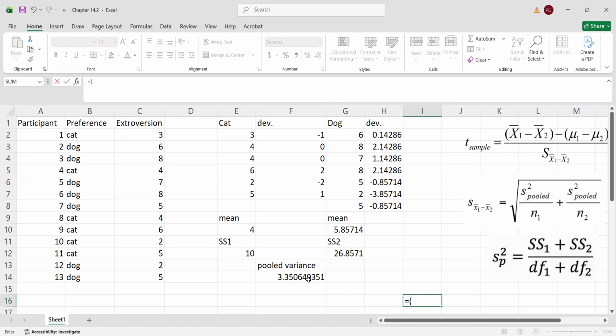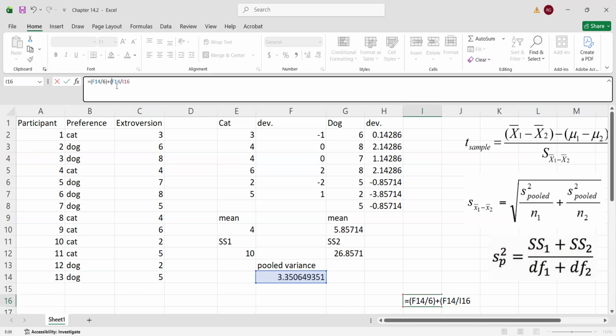We got the pooled variance. Now it's divided by n of group 1, the sample size of group 1, which we know is 1, 2, 3, 4, 5, 6 people. Close those parentheses off. I'm going to add to that, again, the pooled variance, but this time divided by, and let's throw in some more parentheses. That's going to help us out.